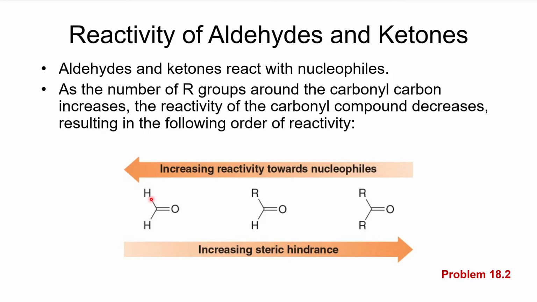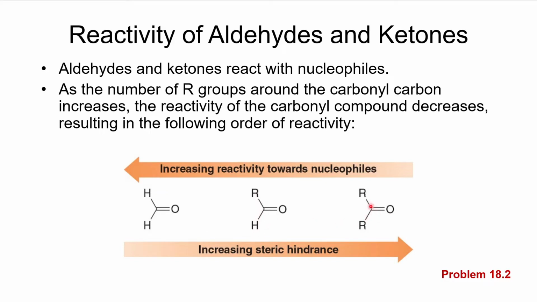Formaldehyde has very little steric hindrance because the hydrogens don't take up much space, and because they don't add any electron density to that carbon. And so formaldehyde is going to be the most reactive. Now, regular aldehydes, where there is one alkyl group and one hydrogen, are going to be slightly less reactive than formaldehyde, but still fairly reactive.